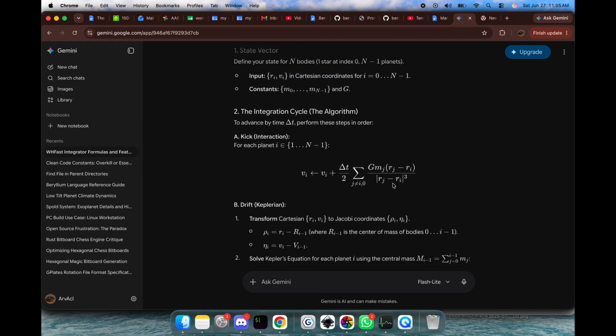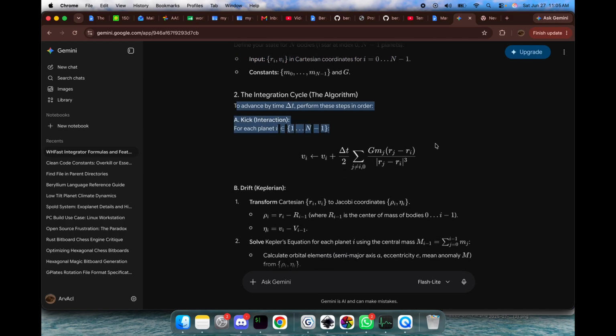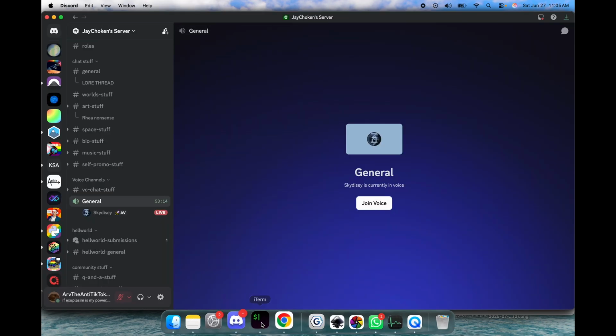Yeah, we already have all that monstrosity. First point it to 1 to n minus 1. We say vi times what is basically just acceleration, which is gonna have a very significant impact.